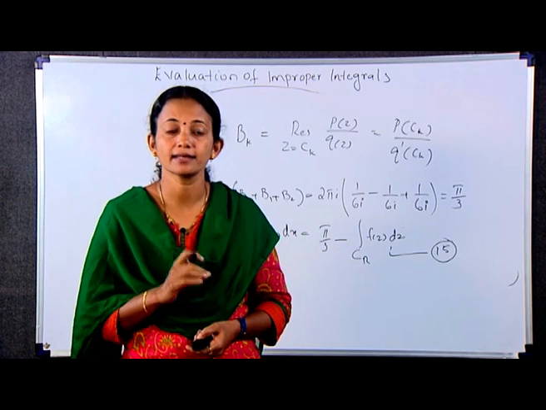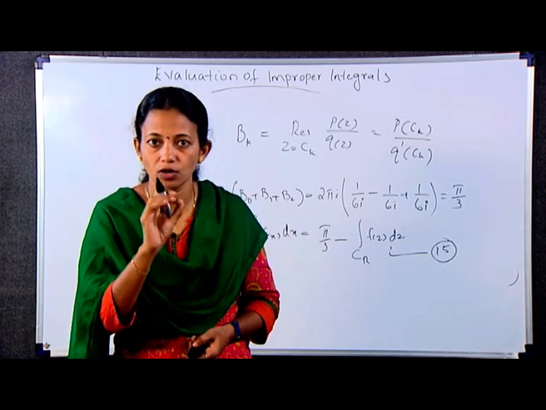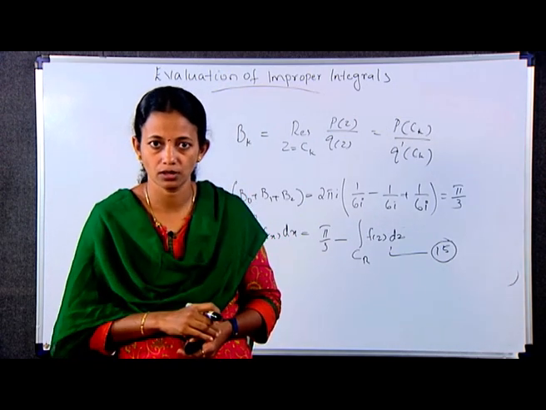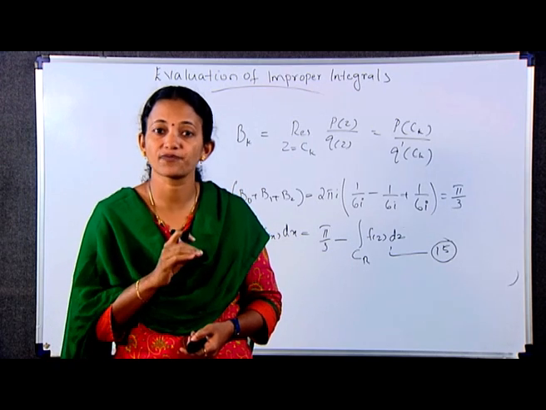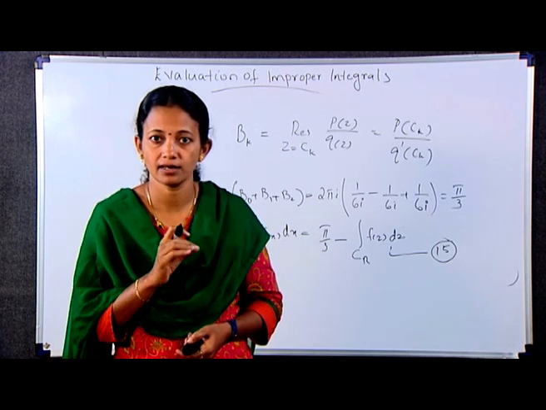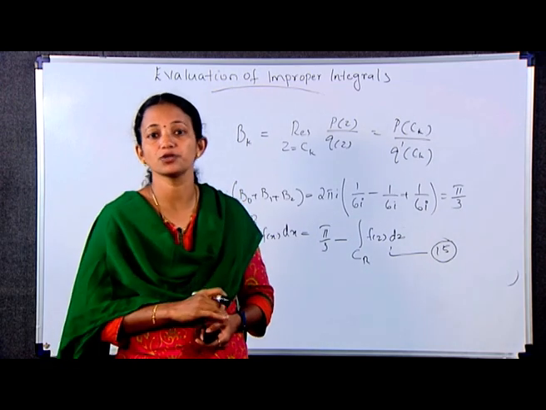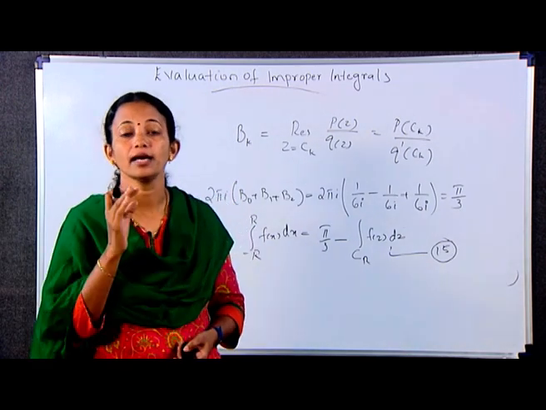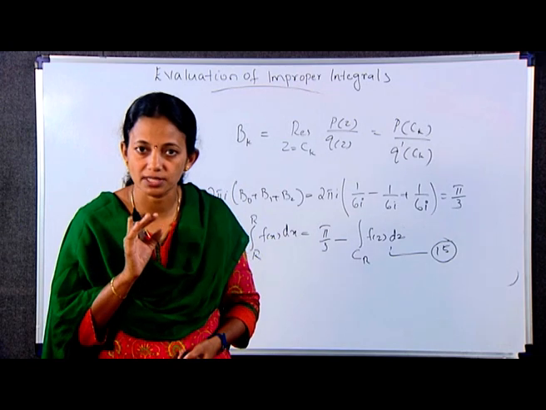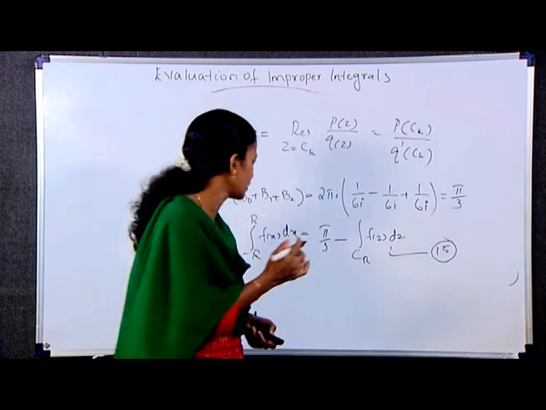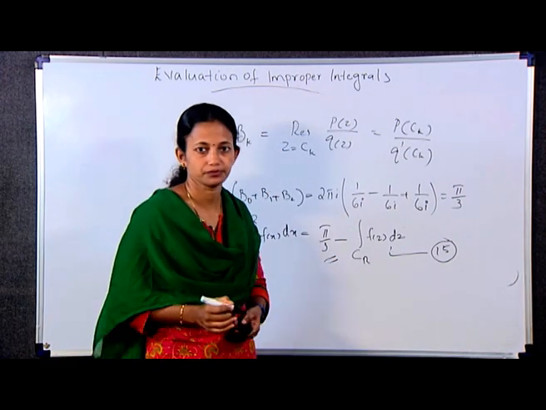If we assume that limit r tending to infinity integral over CR f(z) dz is equal to 0, then it follows from 15, using 11, that limit r tending to infinity integral from minus r to r of x square by x raised to 6 plus 1 dx is equal to what? Pi by 3 only.